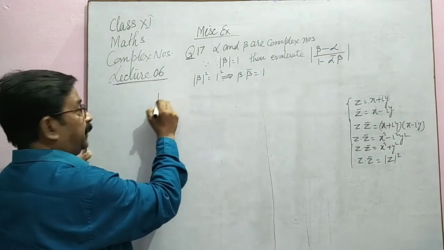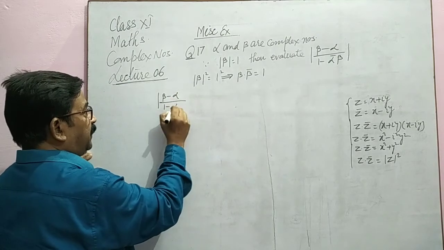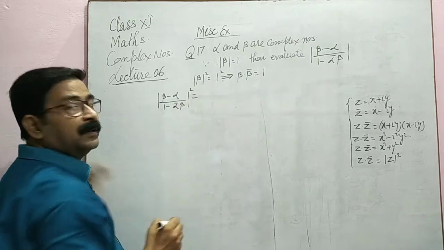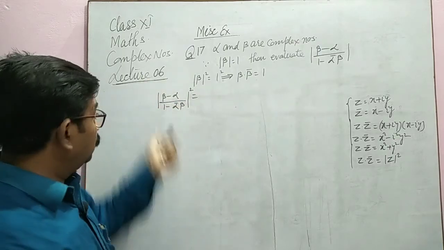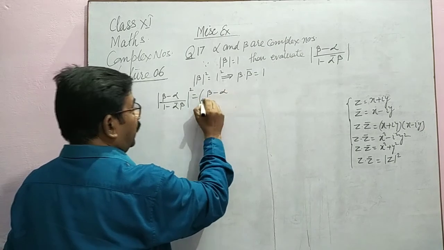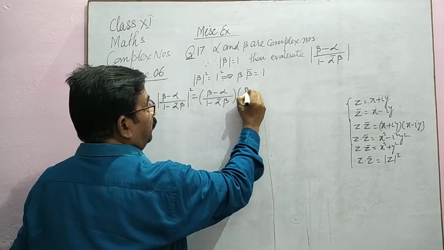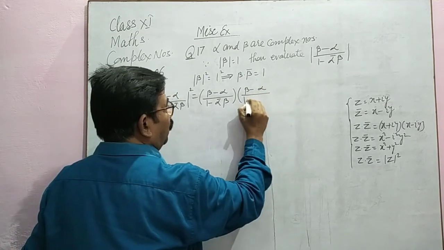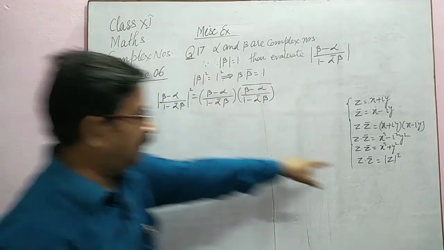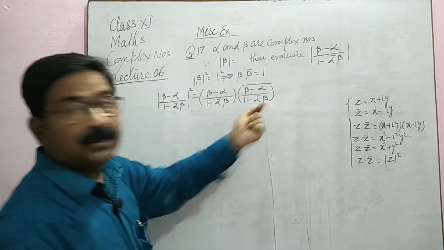Let's see, I am writing beta minus alpha upon 1 minus alpha bar beta whole square. If I find the whole square, this can be written as beta minus alpha upon 1 minus alpha bar beta into its conjugate, because modulus whole square is equal to complex number into its conjugate.